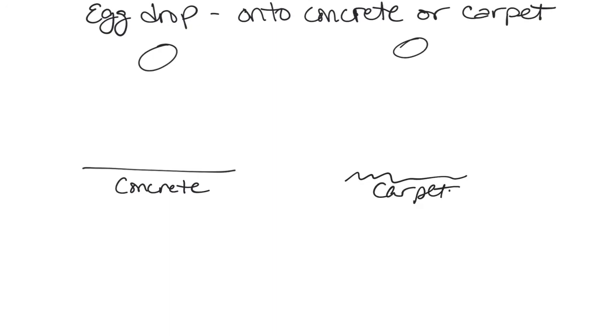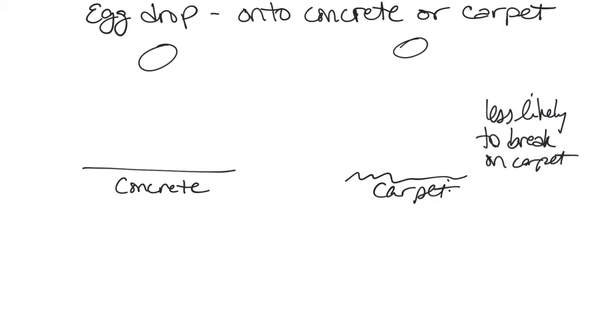Because you've been alive for this many years, you know that it will be less likely to break on carpet. So how does any of this relate to what we were just talking about?